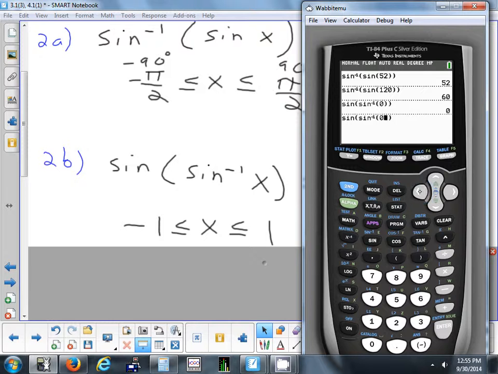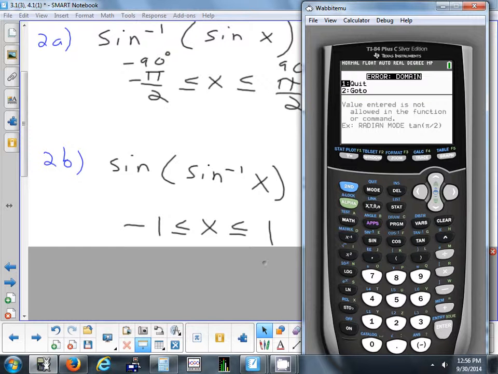How about a number not between negative 1 and 1? Just keep it simple. Sure, 2. If we try 2, and I hit enter, I don't even get back a different number than I started with. I get back an error. And it says that I tried to plug in something that's not in the domain, basically.